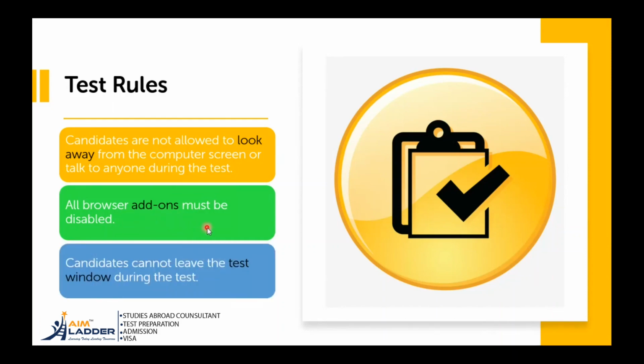Also, candidates cannot leave the test window during the test. So the test starts in a new tab of the browser. The candidates cannot leave that tab during the entire test duration. So if it's a 1 hour test, the candidates have to stay on the same tab for the entire 1 hour. So these were a few basic rules that the candidates need to follow.